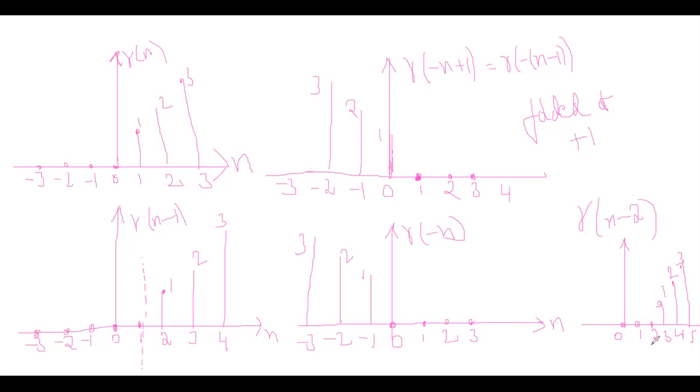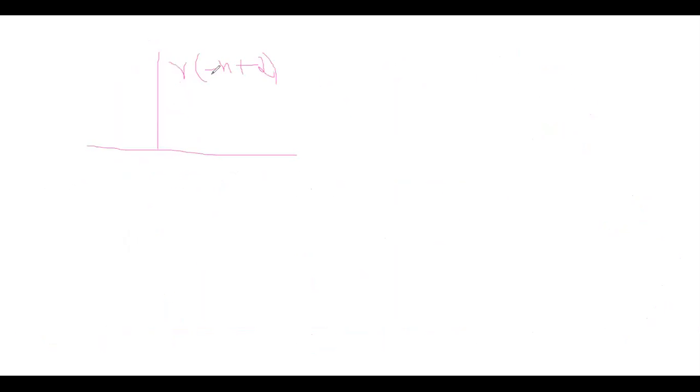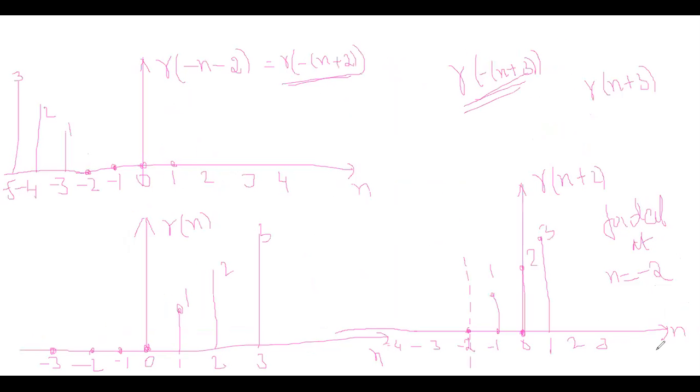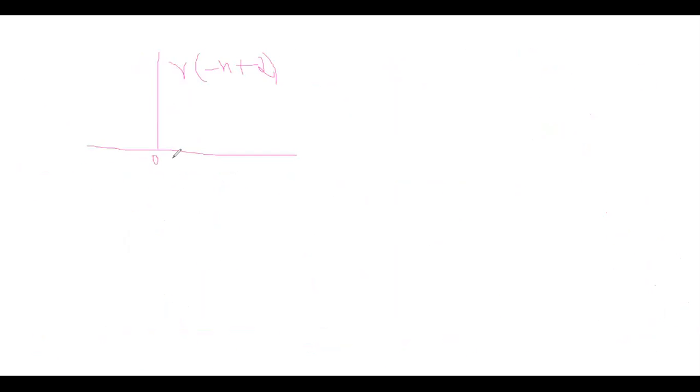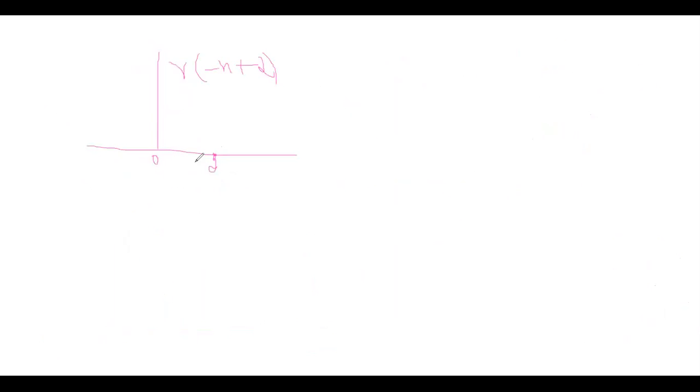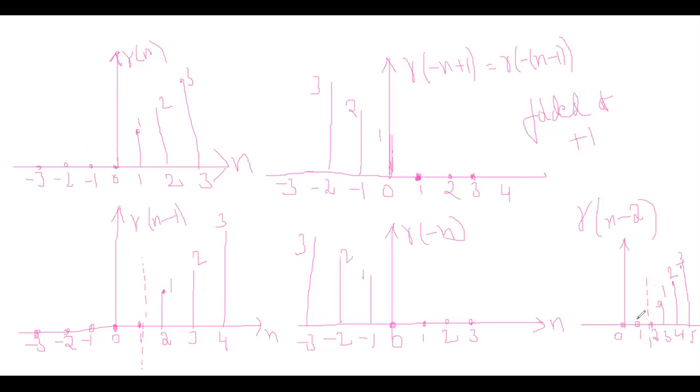With this reference, to draw the folded function of R of minus n plus 2, the folding occurs at 2. The folding is at the plus 2 value, which means there is no change in the 2 value. What is the 2 value here? It is 0. But what about 1? After folding, the 3 value will appear at 1.